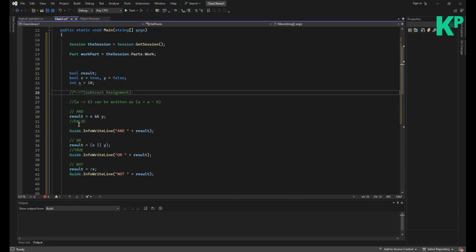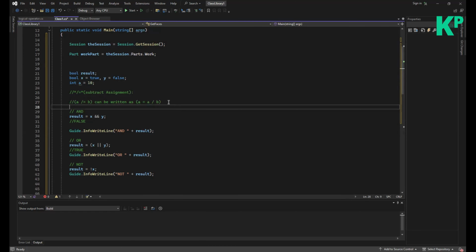Similarly, it can be multiply. Multiply equal to: a multiply equal to b can be written as a is equal to a multiplied by b. And the same way for division: a forward slash equal to b can be written as a is equal to a divided by b.